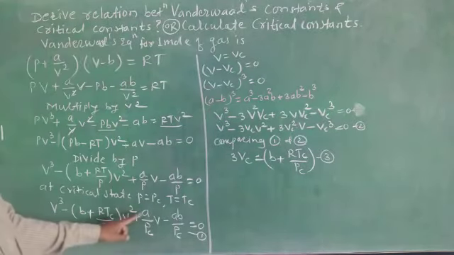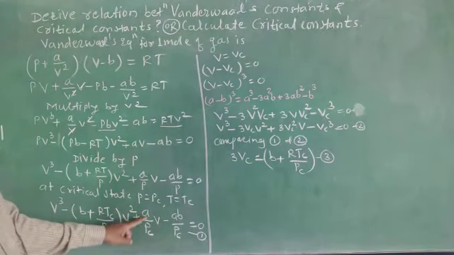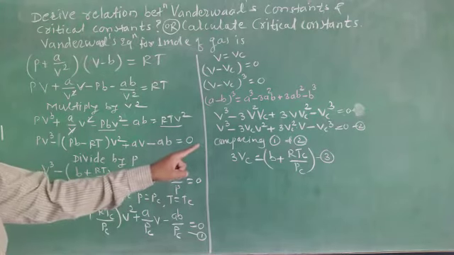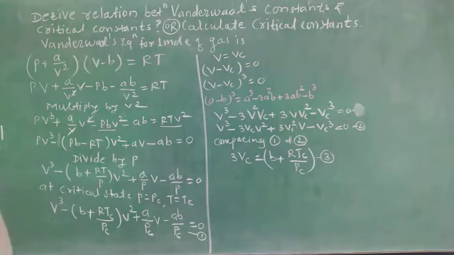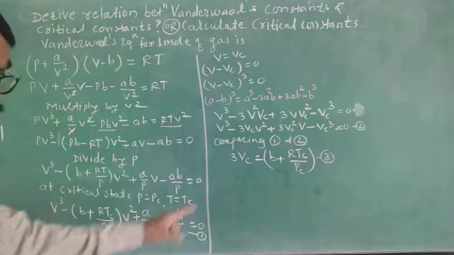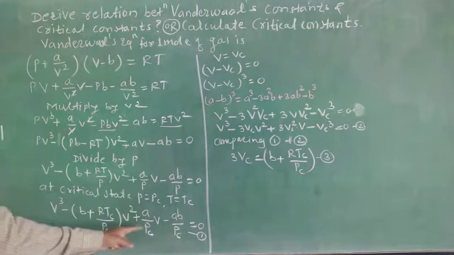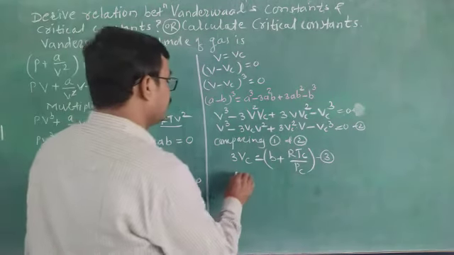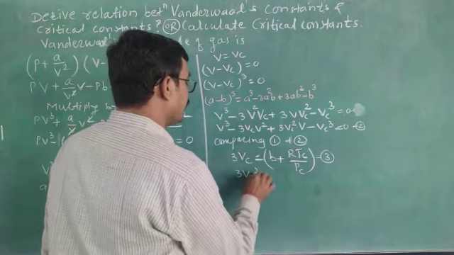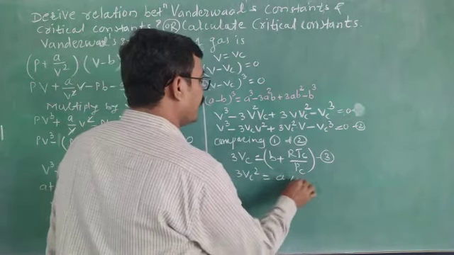Now another comparison. In the next comparison you have to compare the next term, that is 3 Vc square is equal to A upon Pc.